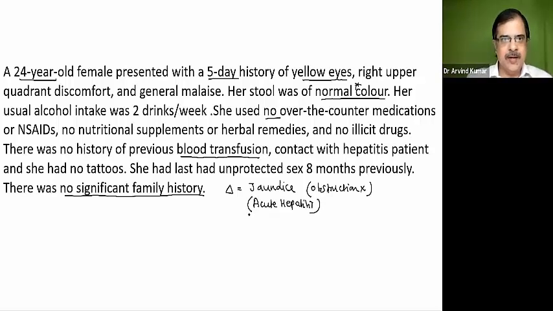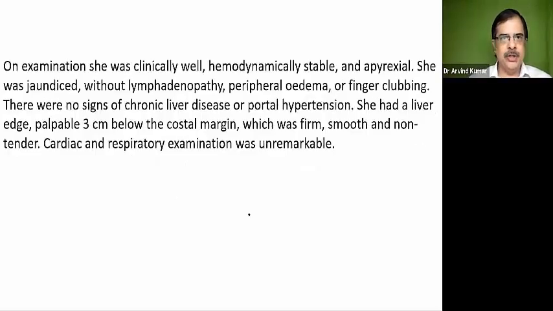When we examined the patient, she was clinically well, hemodynamically stable, with no fever, but jaundice was there without any lymphadenopathy, peripheral edema, or finger clubbing. There are no signs of chronic liver disease or portal hypertension.